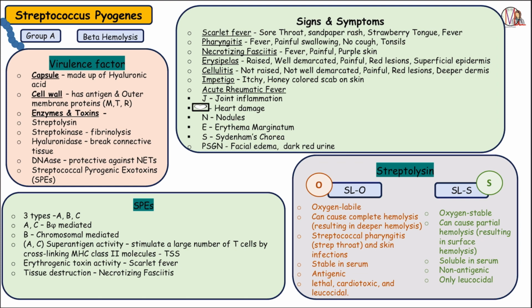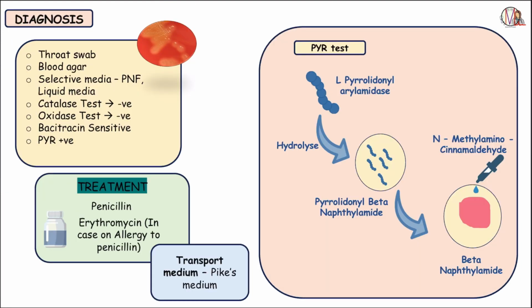As for PSGN, that is post streptococcal glomerulonephritis, the symptoms are facial edema and dark red urine. Now, for diagnosis, throat swab, blood agar, selective media like PNF, and liquid media are used. And the catalase test and oxidase test both are negative, whereas bacitracin test and PYR test both are positive.